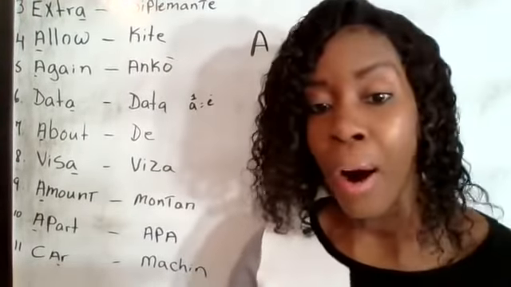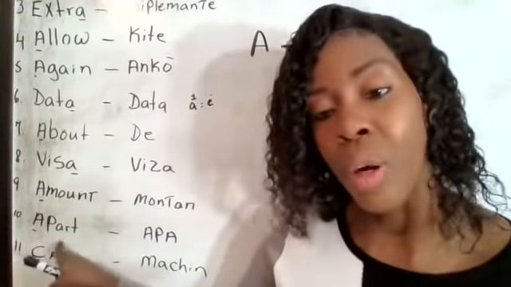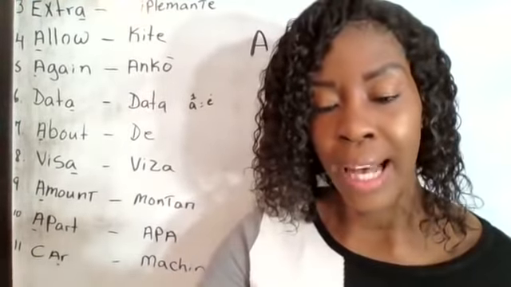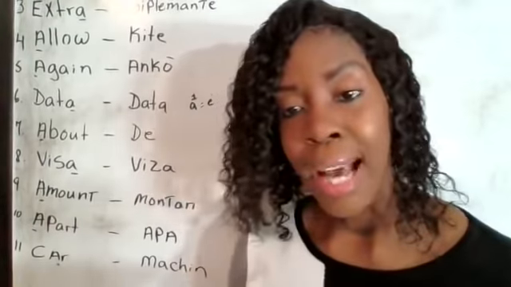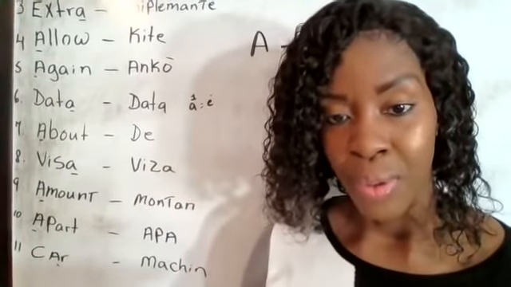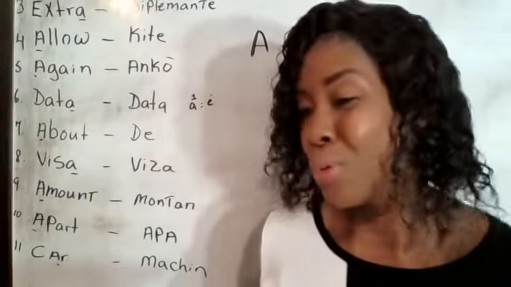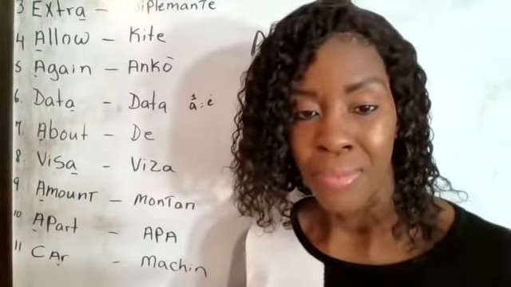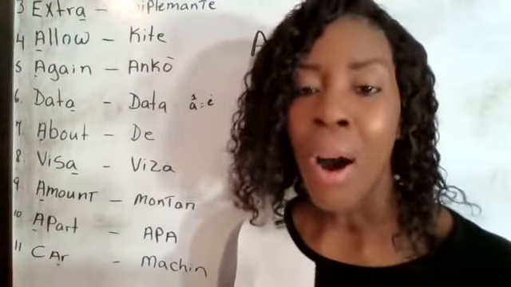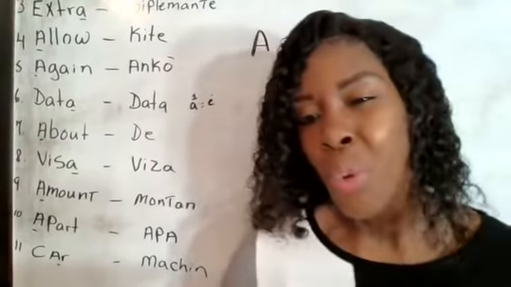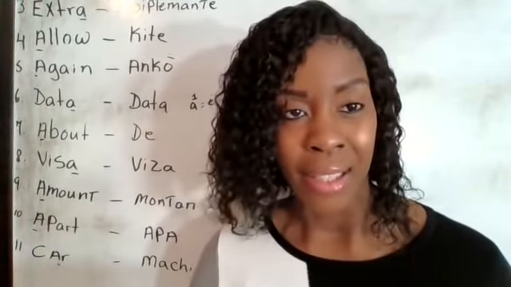Okay, we are apart. Okay, now you see this word right here, guys. One word can have several definitions. Apart means separately. We are apart means we're not together. We are separated.